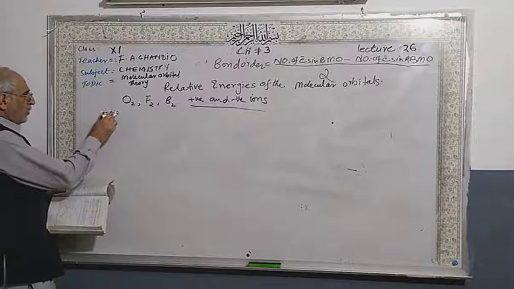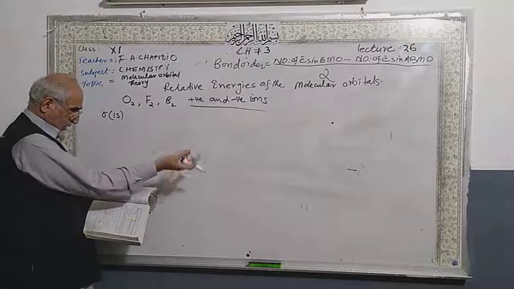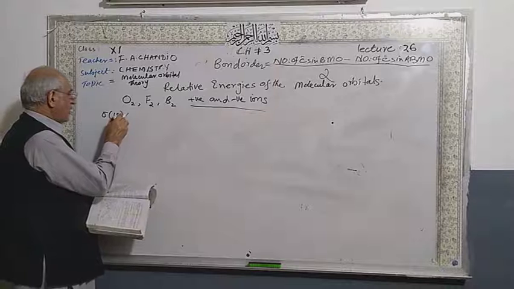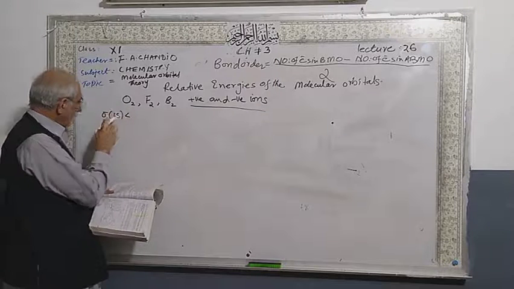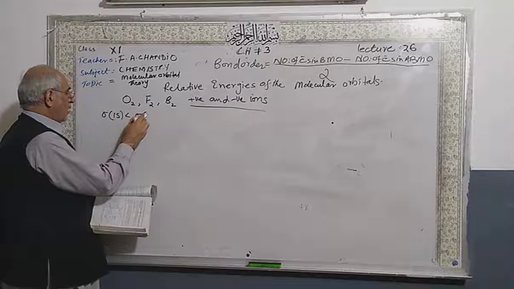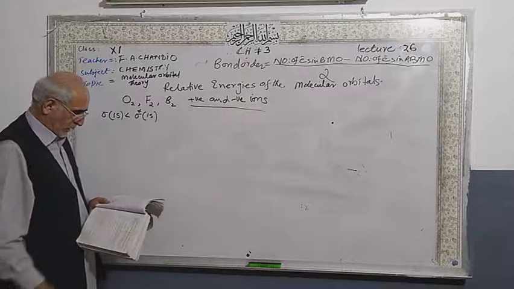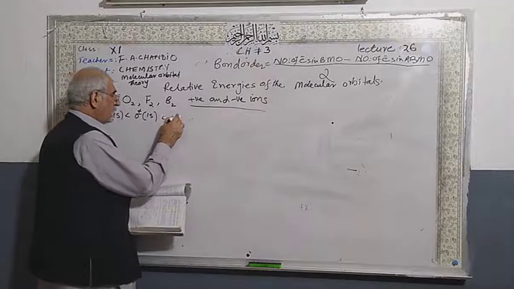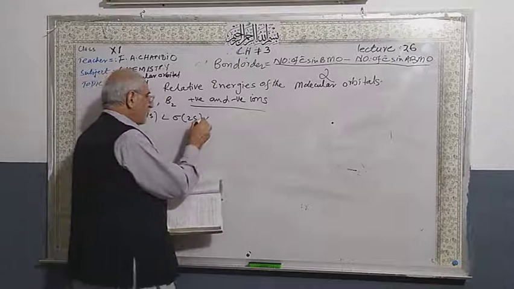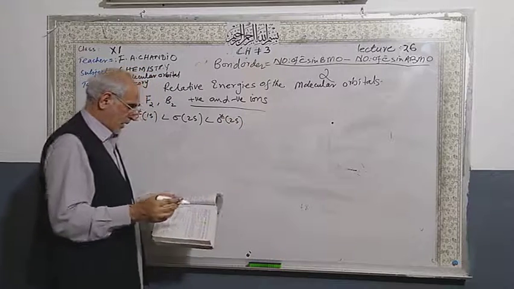Sigma 1s, which I already drew previously, you can see this is the same. Sigma 1s is less than sigma star 1s. Then sigma 2s, then sigma star 2s.